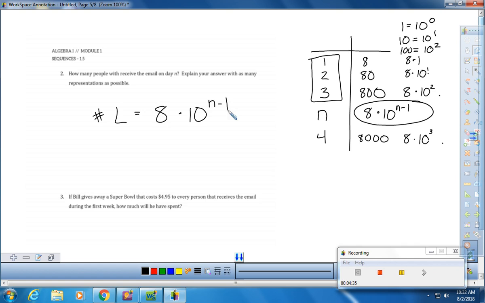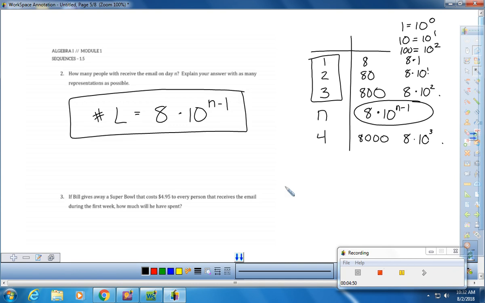So now that we have this, and that's really hard to get to, that's the whole point of algebra. Now we never have to make a chart like this again. We use the chart to get to the equation. So if Bill gives away a Super Bowl that costs $4.95 to every person that receives the email during the first week, how much will he have spent?